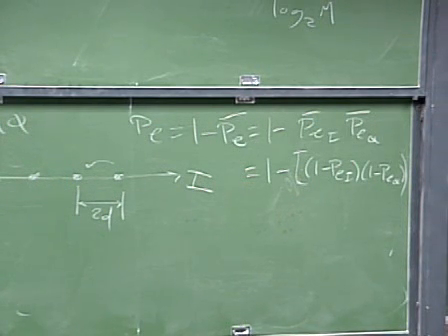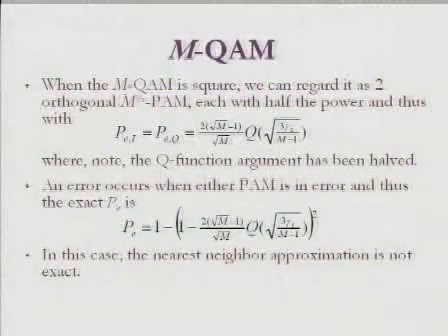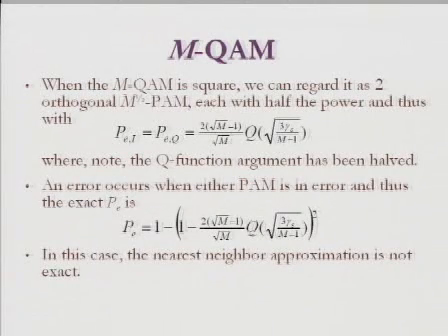And since the I and Q are independent but statistically equivalent, we get this guy squared over here. So it's exactly the same procedure, except that instead of having a Q function, we have this somewhat more complicated expression. And that's it, right? So for the square QAM, this is the exact error probability.